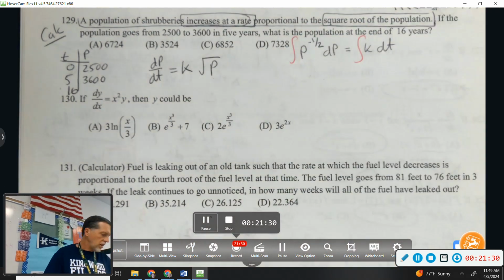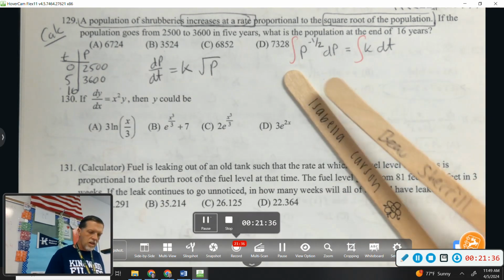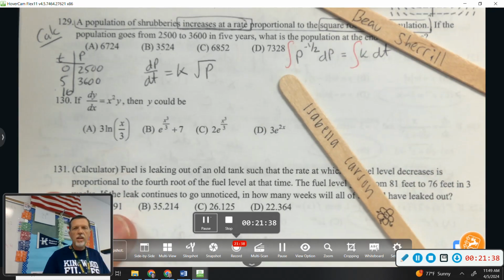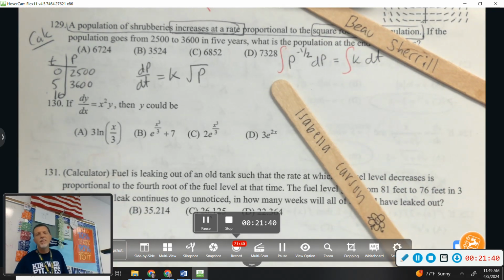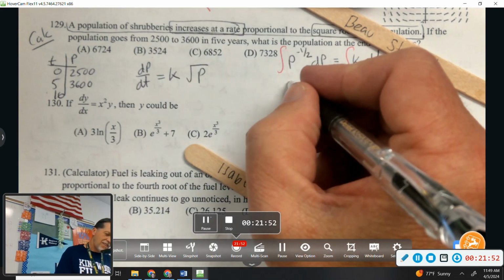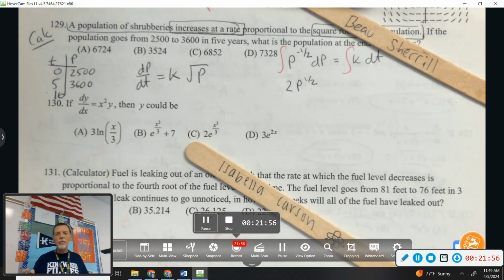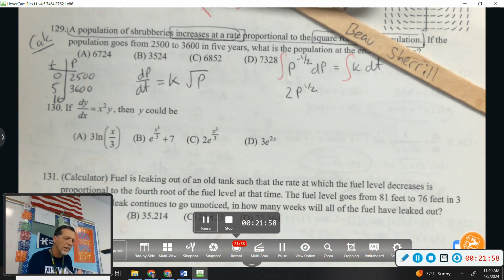Now to integrate. Bo, you got the easy one. Should have given Bo the hard one. Isabella, what's the antiderivative of p to the negative 1/2? 2p to the 1/2. Increase the power by 1, divide by the new power. Bo, how about your side?